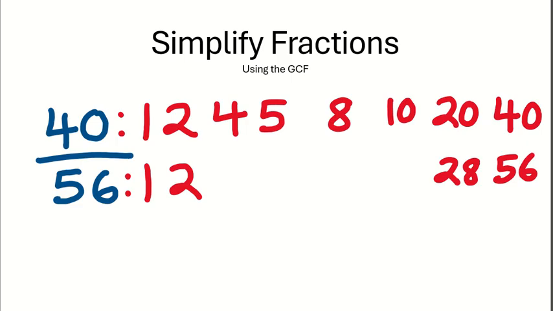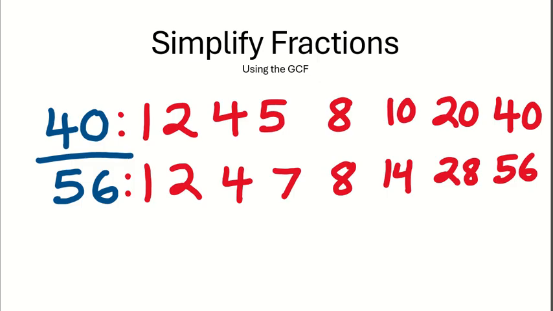Let's do 56 divided by 4. Turns out that 4 times 14 is 56. Will 5 go into 56? No. Will 6 go into 56? No. Will 7? Yes. We know that 7 times 8 is 56.